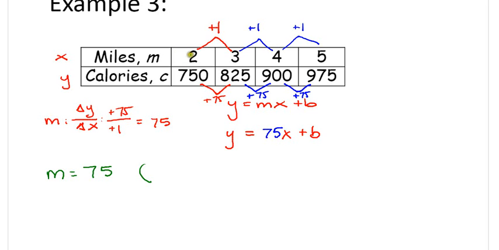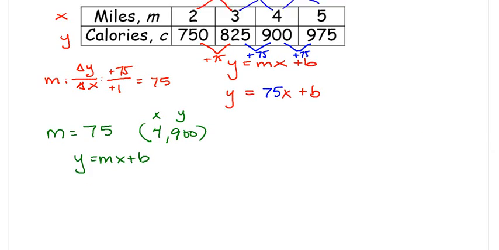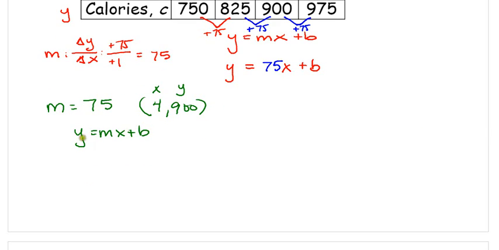It could be (4, 900) or (2, 750). I'm going to go with (4, 900), where this is my x variable and this is my y variable. I'm going to substitute those values in.